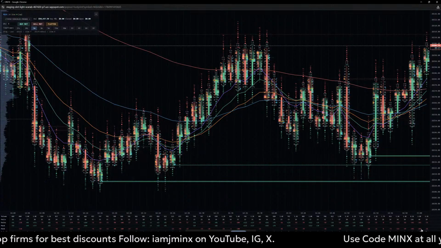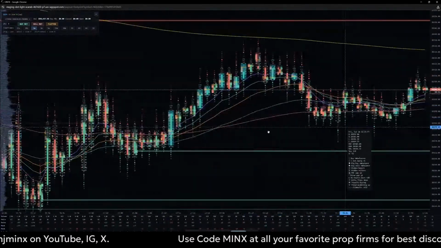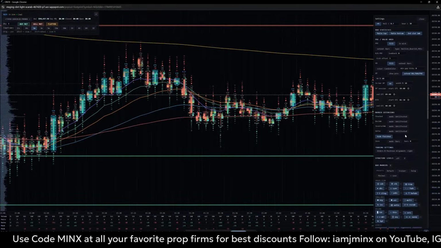But you can change these settings. Where do I find that little thing right here?